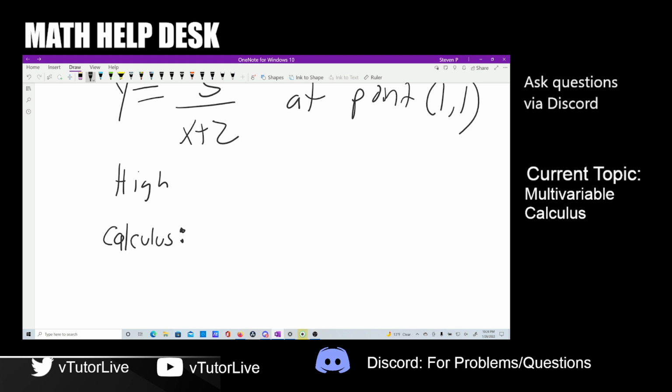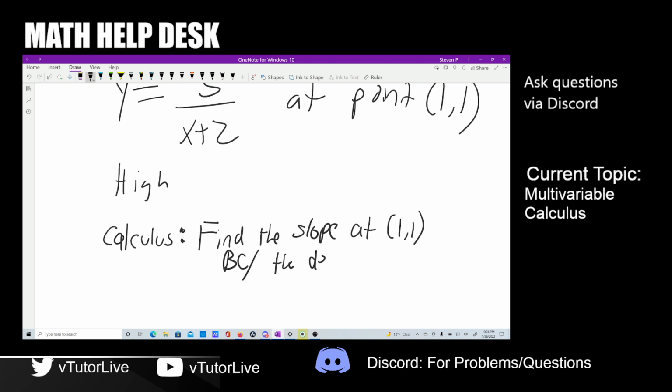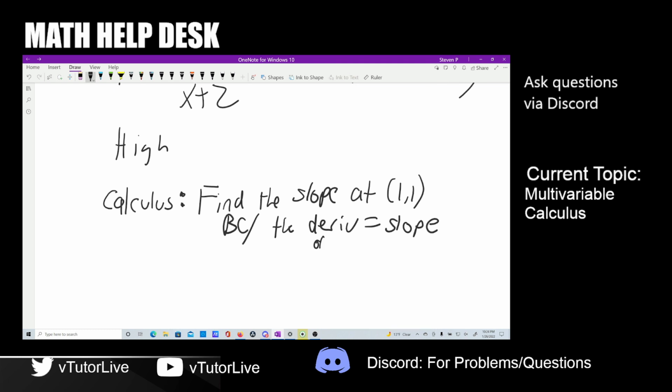This problem gets broken down into a calculus part and a non-calculus part. The calculus part does one and only one thing: it lets you find the slope at 1, 1, because the derivative is equal to the slope. The derivative of the function is equal to the slope of the tangent.